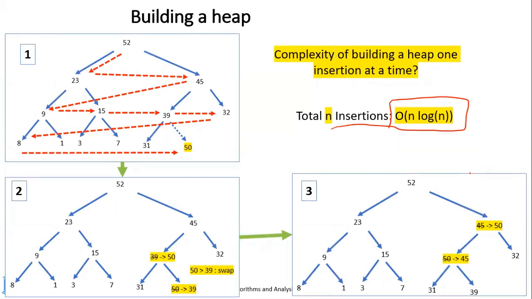So now you have all the data in a lump sum. Can we create a heap in a faster way as compared to doing it piecemeal, which is n log n? Does anybody recollect that? Can you think of a better way to do that than n log n?